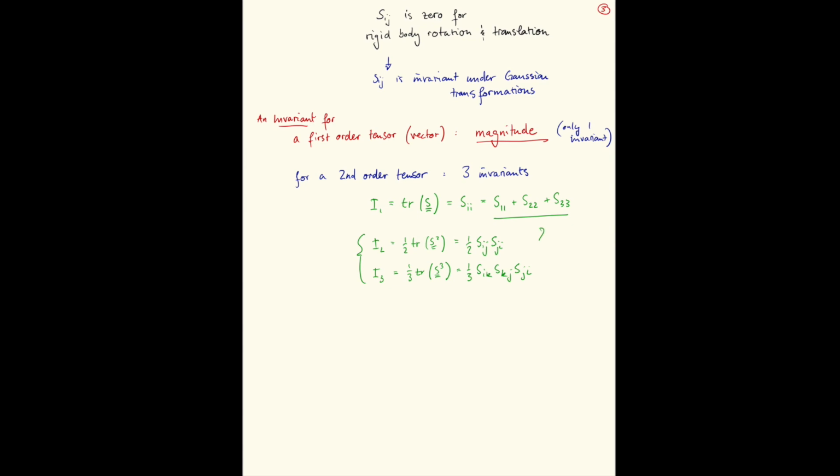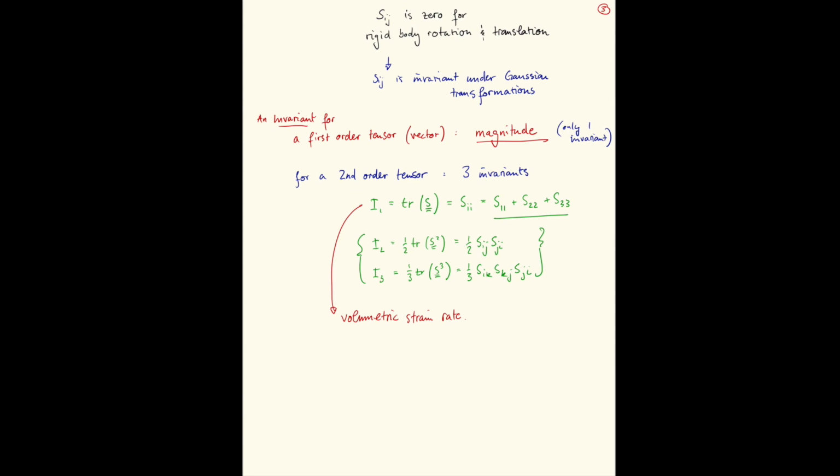I'm only listing these really for completeness right now. The important one is the first one, and that one has a very straightforward physical interpretation, namely it's the volumetric strain rate.